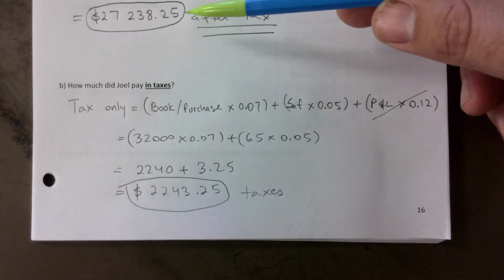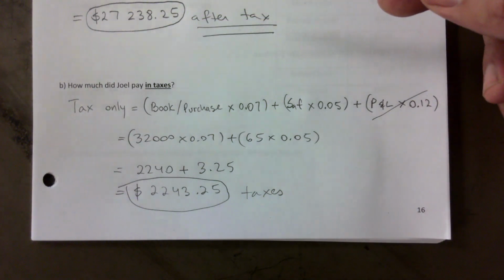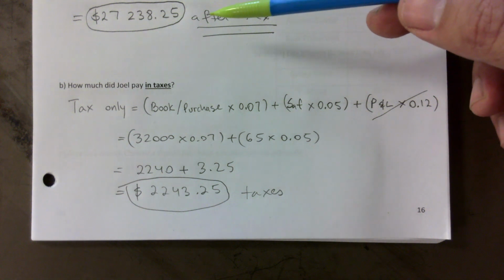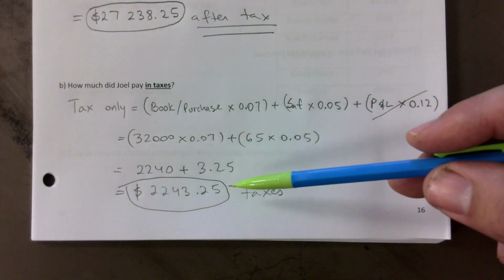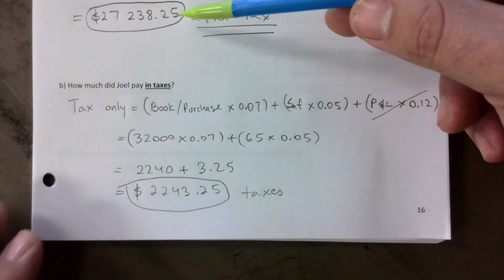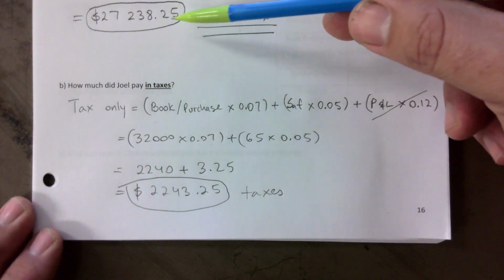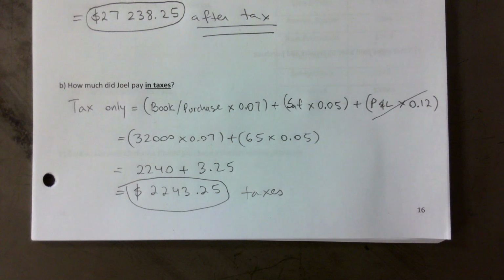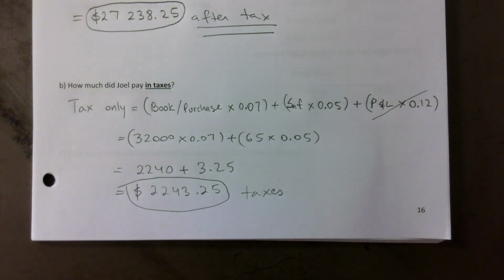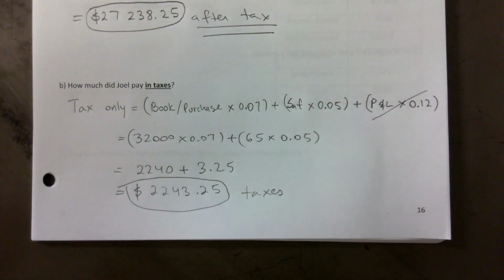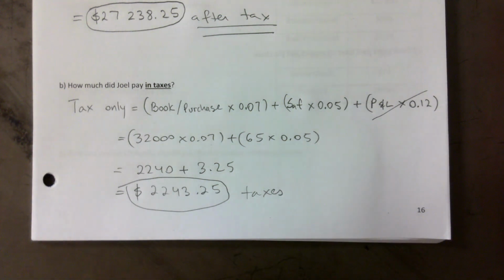The good news is they still gave you 2 out of 3. It was a 3-mark question. Technically they were looking for this, but a lot of students did this part because they were like, oh, this is my formula, I'm just going to go with it, right? And you're still adding taxes, you're still doing the right thing, it's just you're not answering exactly the way they want. So if you have room, sure.